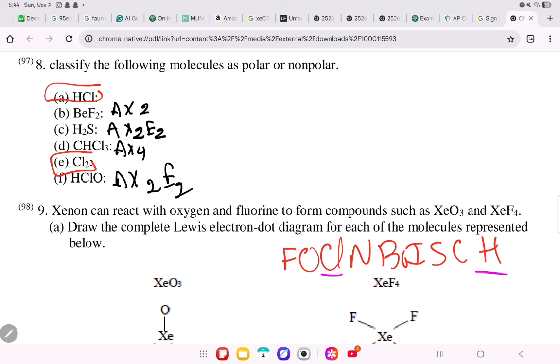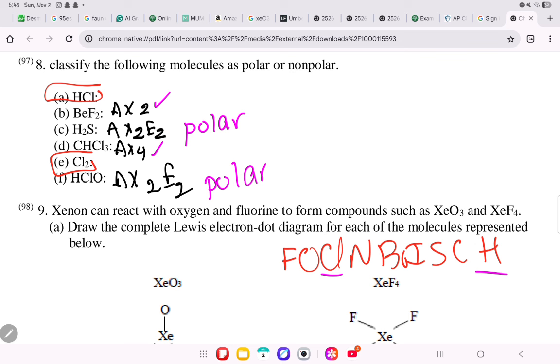We know the symmetrical ones are AX2, AX3, AX4, AX5, AX6, and AX4E2 and AX2E3. So here we have AX2, AX4, and that's it. So that means everything else is directly polar, my bad, not non-polar. Everything else is directly polar because they're asymmetrical.